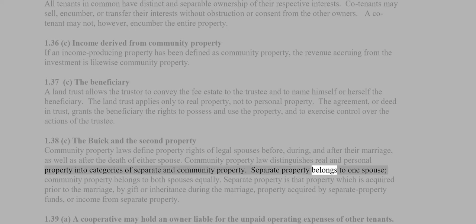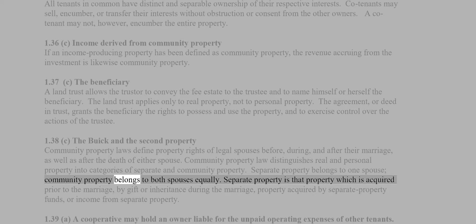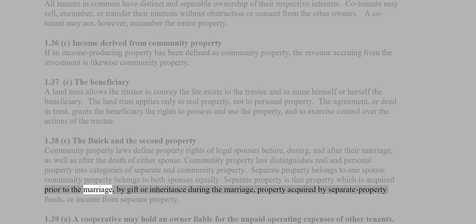Separate property belongs to one spouse, community property belongs to both spouses equally. Separate property is that property which is acquired prior to the marriage, by gift or inheritance during the marriage, property acquired by separate property funds, or income from separate property.